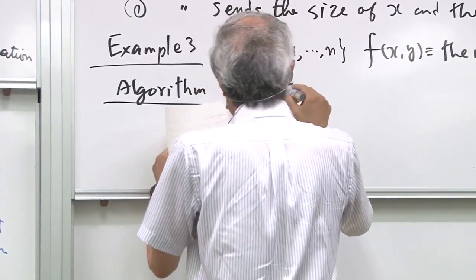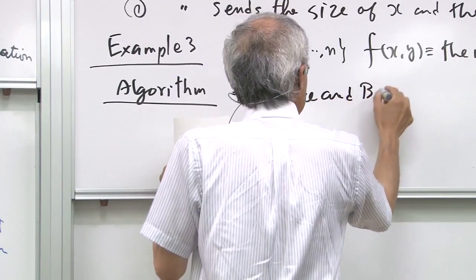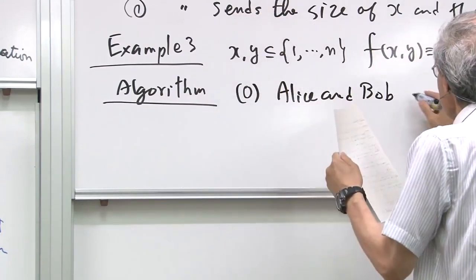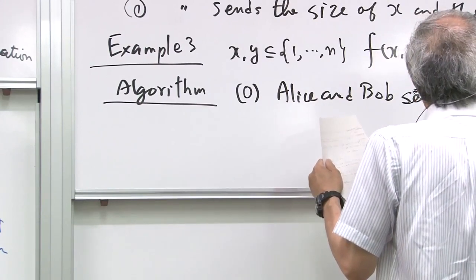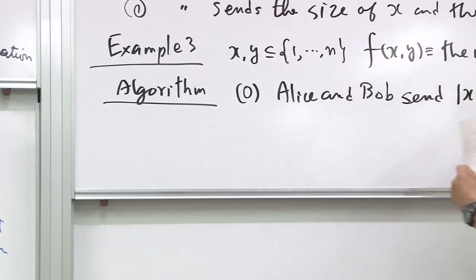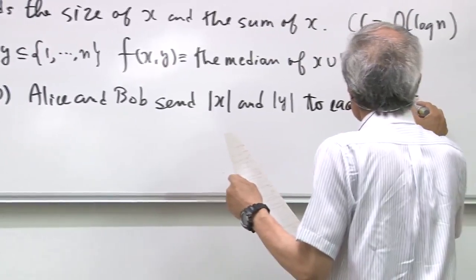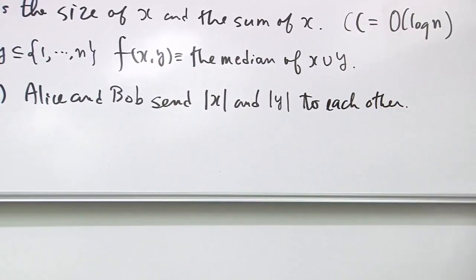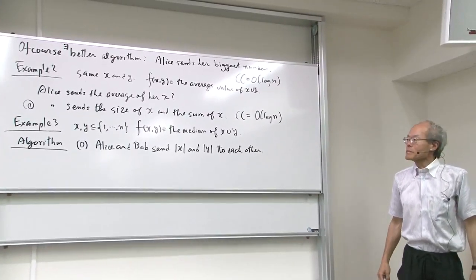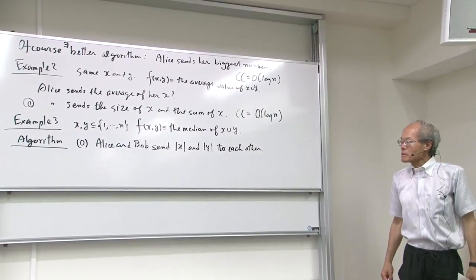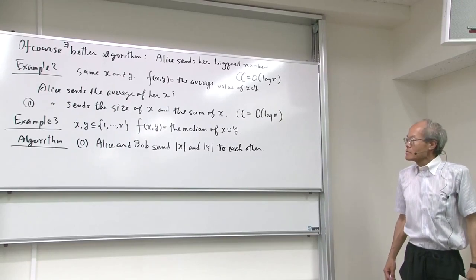Step 0 is a kind of preparation. Alice and Bob send the size of the input to each other.